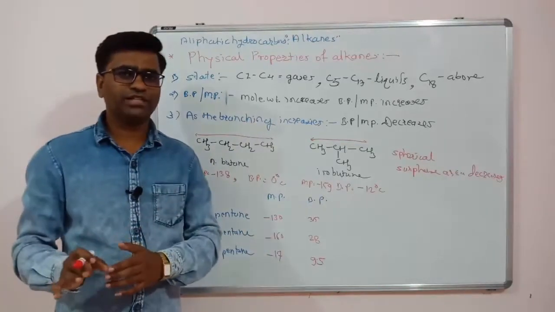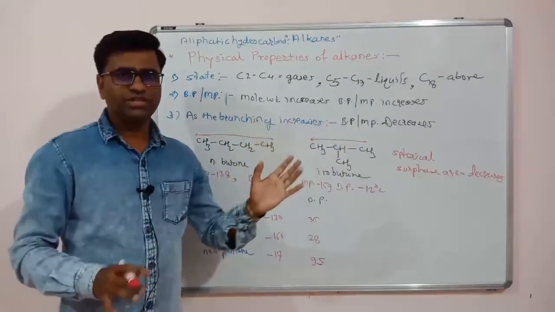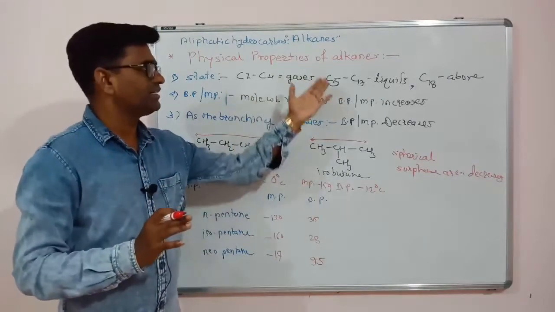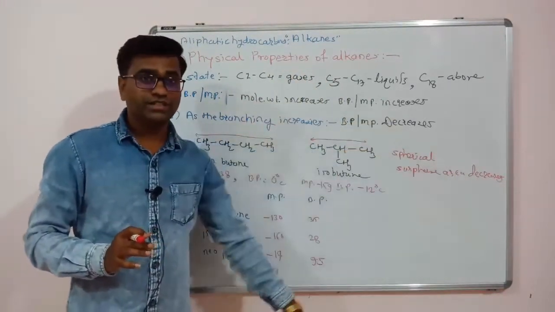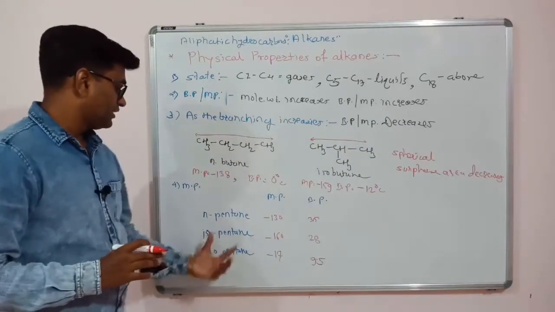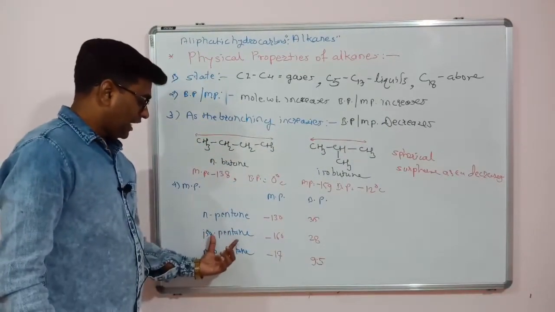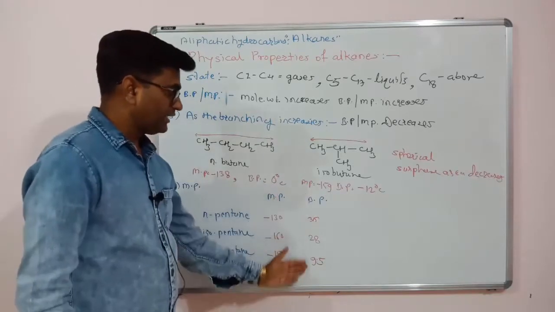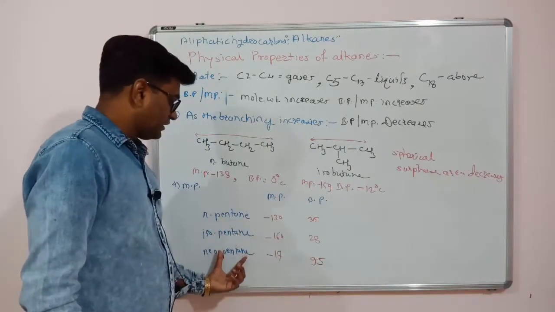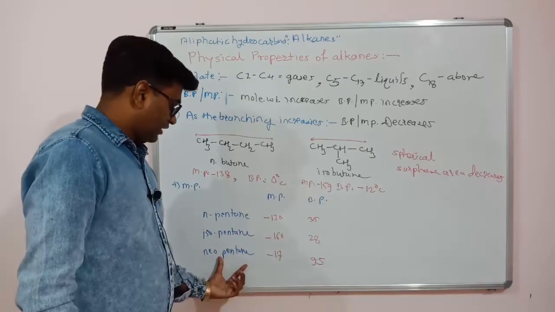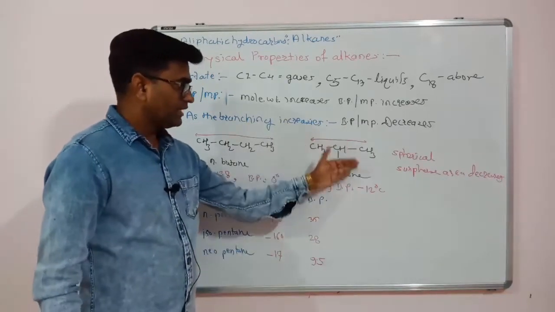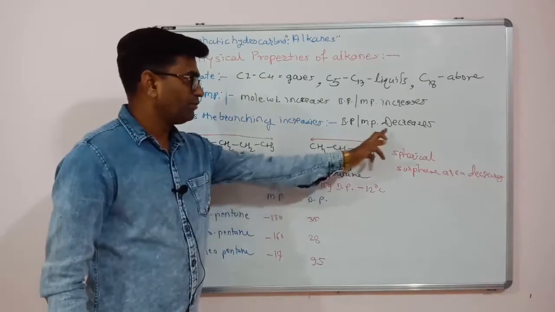While in case of boiling point, this trend is true. As the molecular size increases, boiling point increases. As the branching increases, boiling point decreases. See here, suppose these are the examples: N-pentane, isopentane and neopentane. If you look at the boiling points, as the branching increases from N-pentane to isopentane to neopentane, the boiling point decreases.